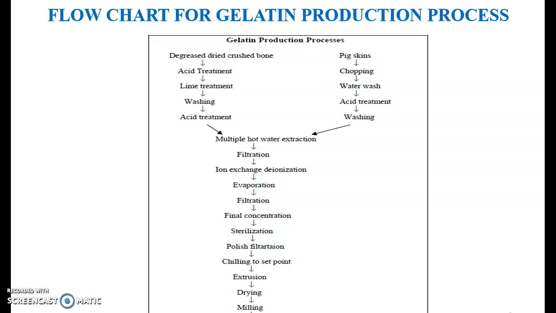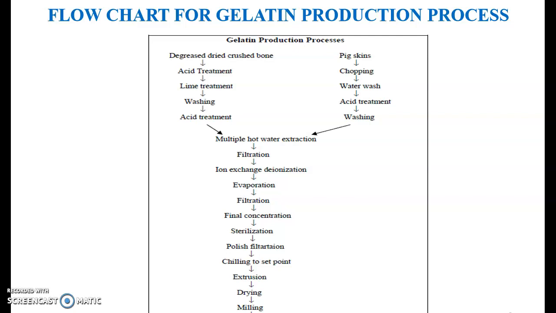Then hot water extraction, because gelatin dissolves in hot water. Filtration, ion exchange, because excess ions present have to be removed. Because iron content or different ion content will lead to interaction with our drug or our ingredients, so it may cause compatibility problems. So we have to do the deionization of this gelatin.